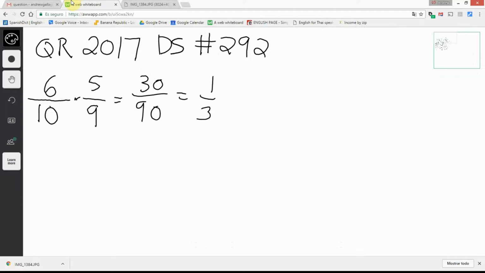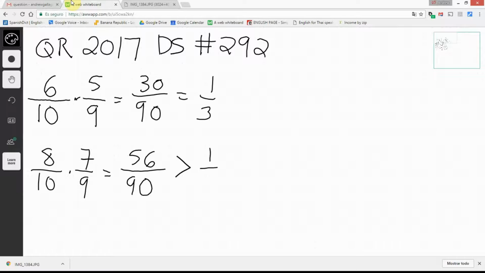Now 8 out of 10 times 7 out of 9 is 56 out of 90. 56 out of 90 is more than 1/2. This is greater than 1/2, so that's good.